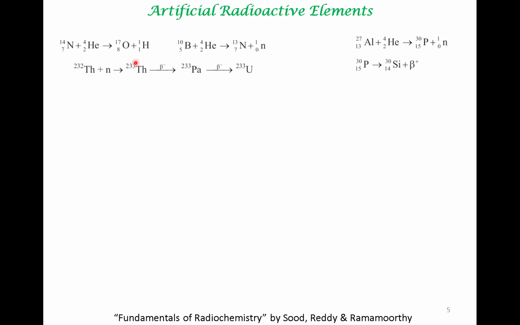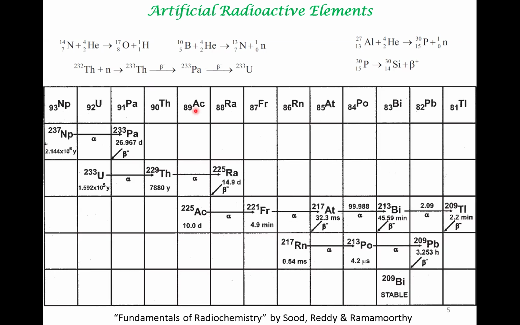These thorium-based reactions are very important, especially for nuclear work in India. We have more thorium, so a lot of work has gone into this kind of reaction in India.